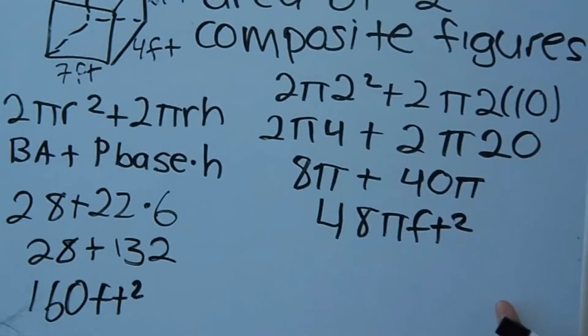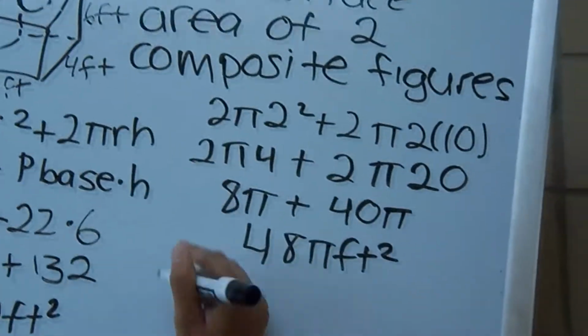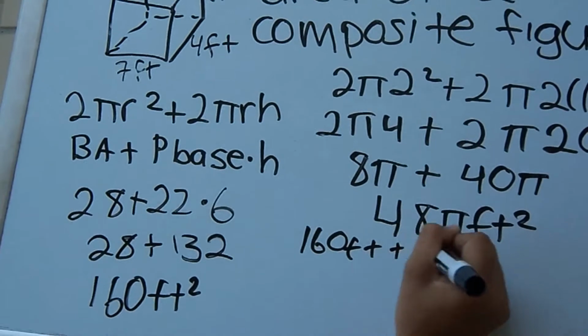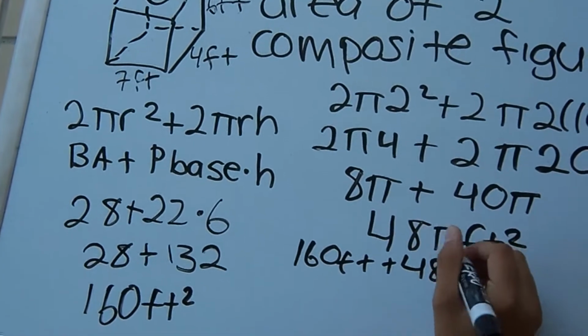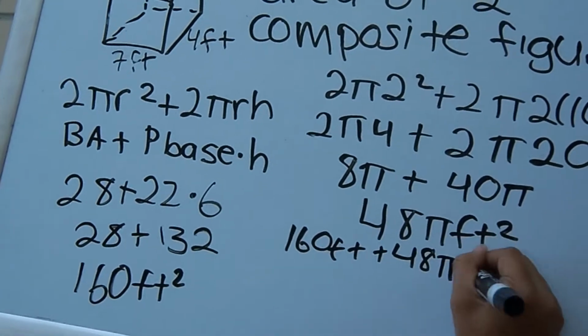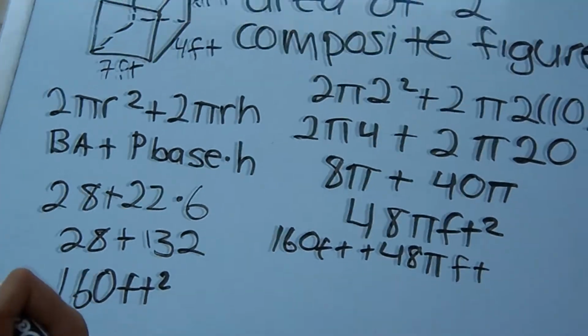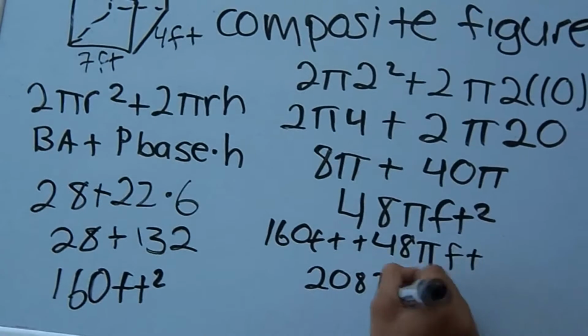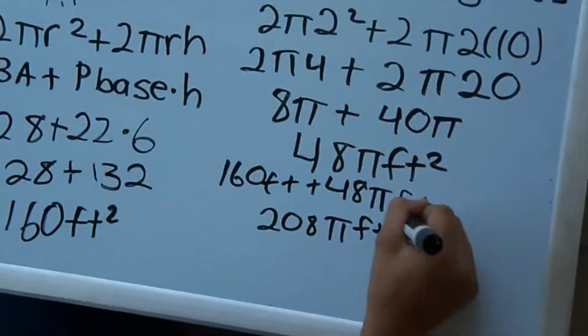Then from there you would add these two together, and it would be 160 feet plus 48 pi feet. And then from there you would get 208 pi feet squared.